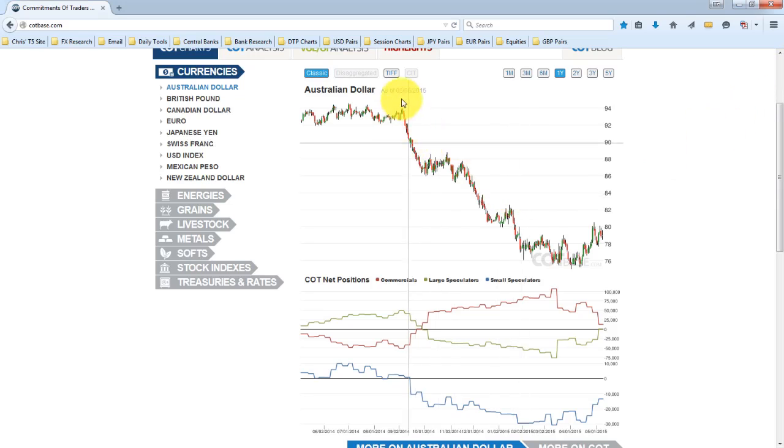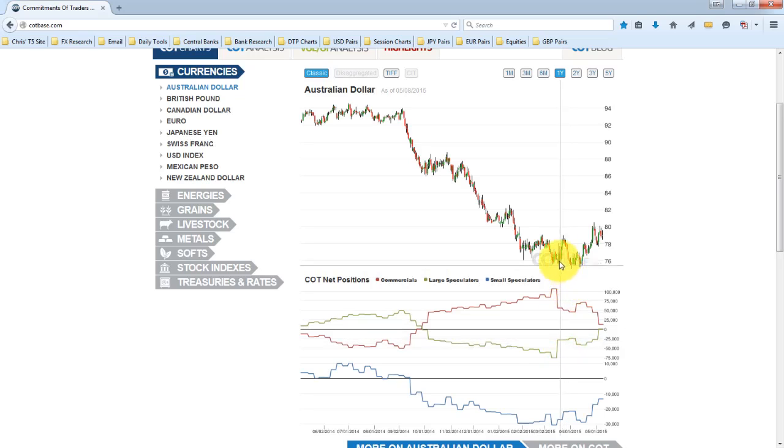Now you'll notice right here after price had a nice big run down, we had a real extreme between the commercials and the large speculators. Right before those positions started to unwind a bit, and we saw price start to rally here as the large speculators started to get less net short on the Australian dollar, I should say.